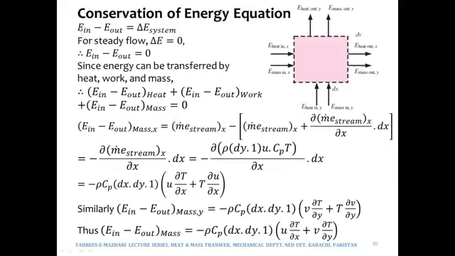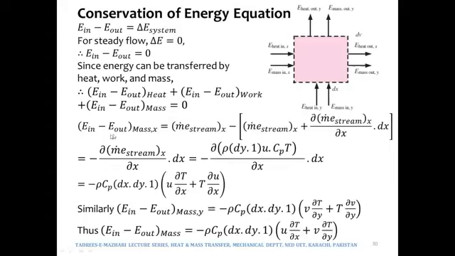It means energy in would be equal to energy out in a system, or E in minus E out would therefore be 0 if the total change in the energy of the system is to be 0. Now over here there are three types of energies that we are considering. One is delta E due to heat, the other one is delta E due to work, and the third one is delta E due to mass.